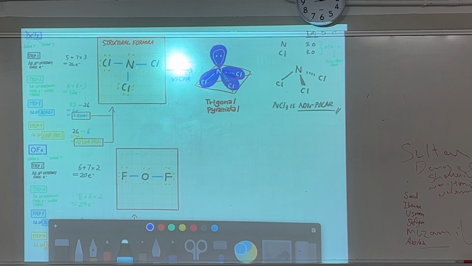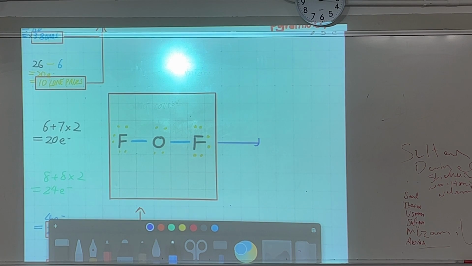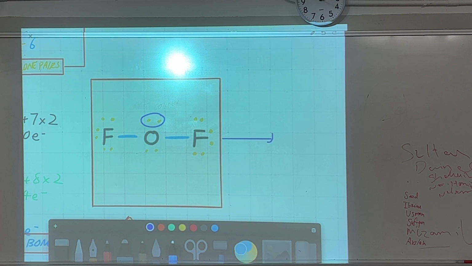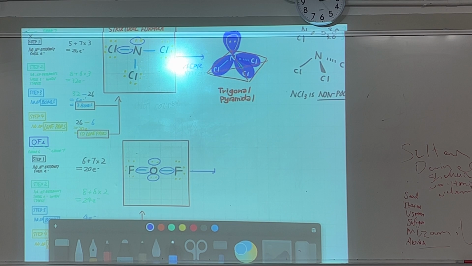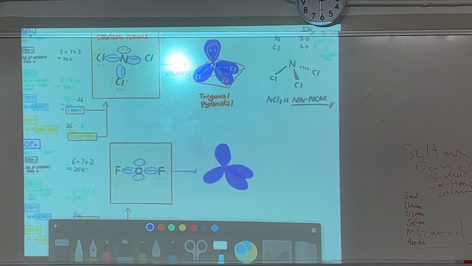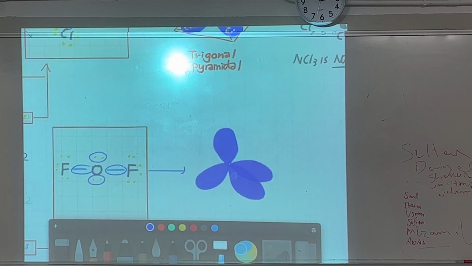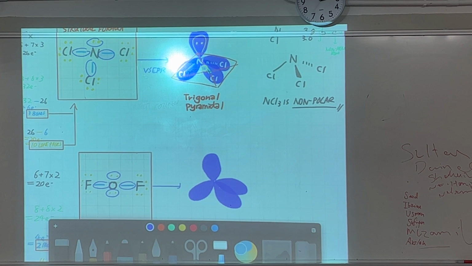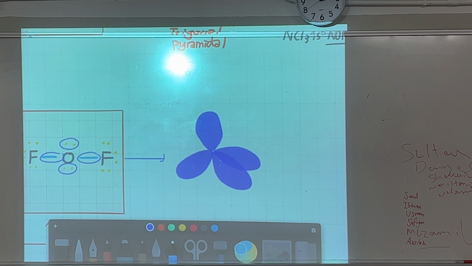Okay, so now apply VSEPR. This is the trickiest step. Well, you have to overcome your fear. You have 4 domains here. If you see 4 domains, you must draw something that looks like this. But you don't call it trigonal pyramidal this time, because they are not 3 bonding domains and 1 non-bonding domain anymore, but instead 2 lone pairs and 2 bonding pairs.